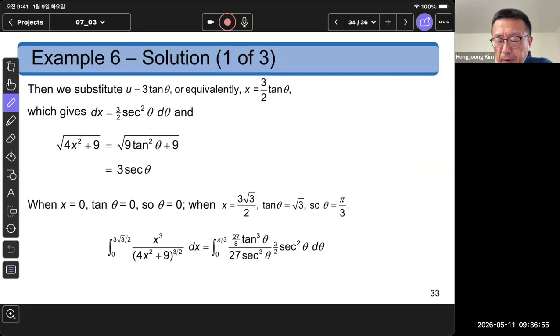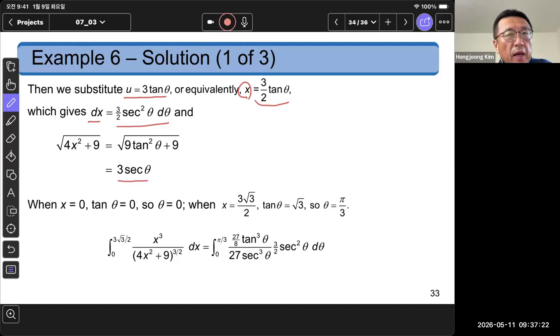So anyway, u is 3 tangent theta, or equivalently, as I said, x will be 3 half tangent theta. Then dx will be this. So square root of 4x squared plus 9 will be replaced by 3 secant theta.